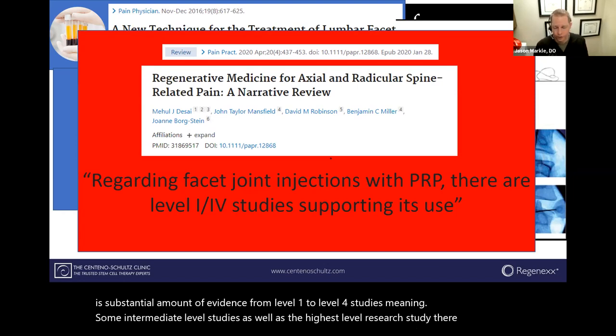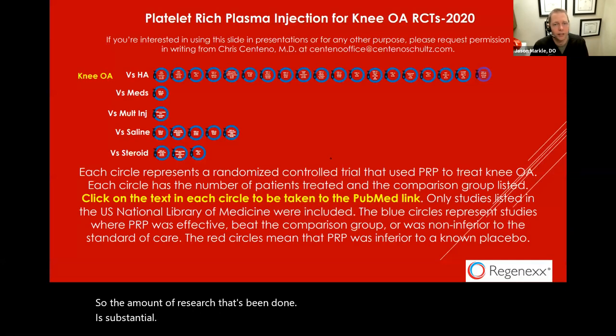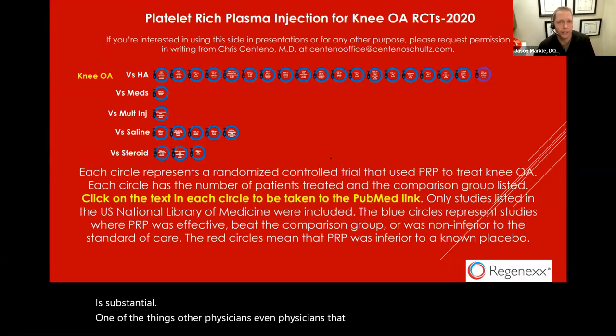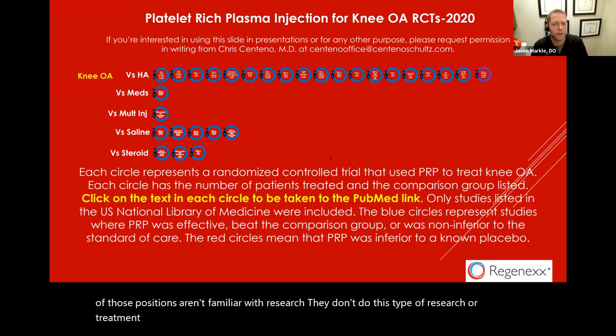So the amount of research that's been done is substantial. Other physicians, even physicians that we work with on a daily basis, aren't familiar with this type of research or treatment options, so a lot of times they haven't been well versed in the research that exists.